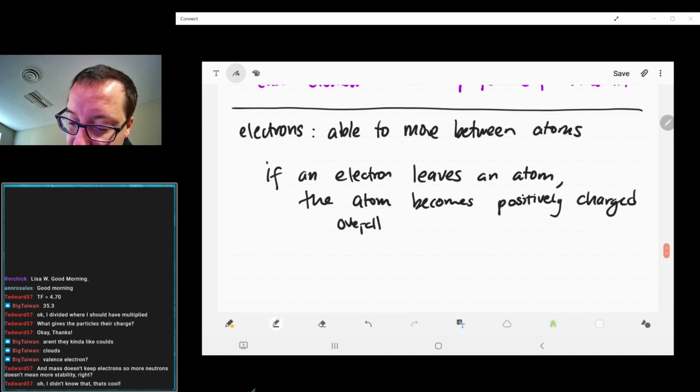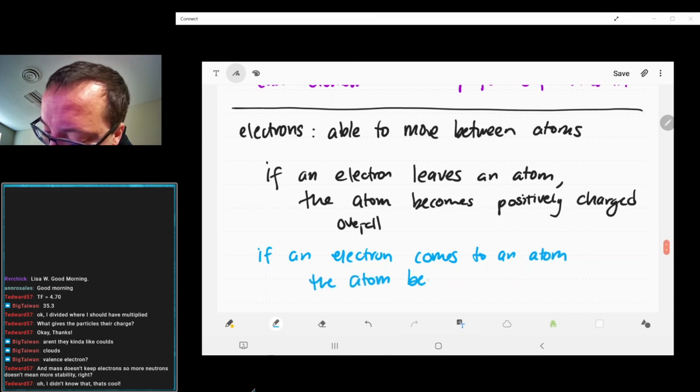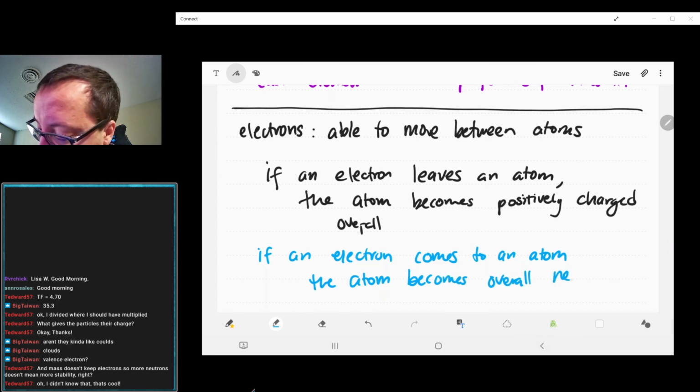We're going to see that conversely, if an electron comes to an atom, the atom becomes overall negative.